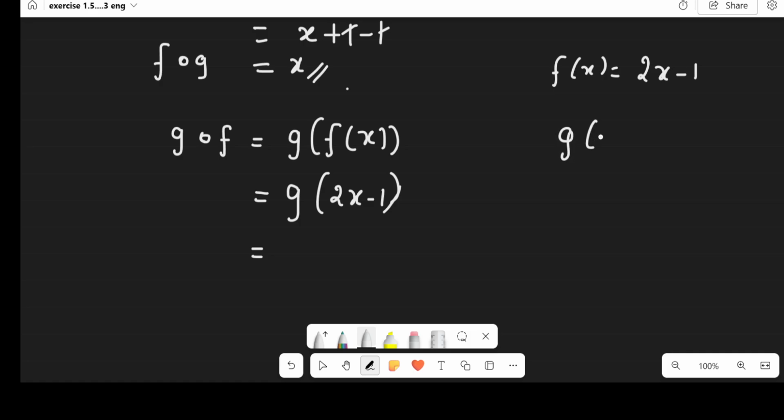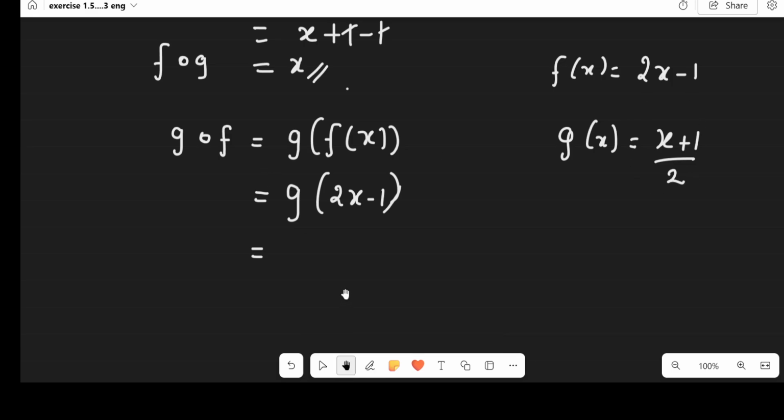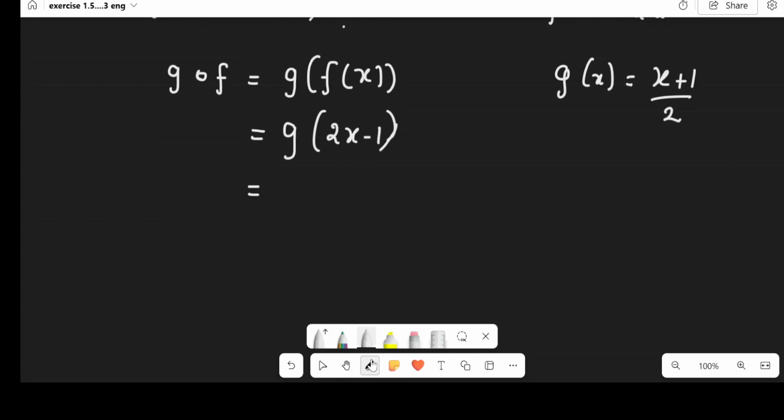So what is g of x given? G of x equals x plus 1 by 2. This is given in the question, right? So now here what should be the next step? In this formula only we should apply the value of 2x minus 1 in place of x, right? So here what is x?